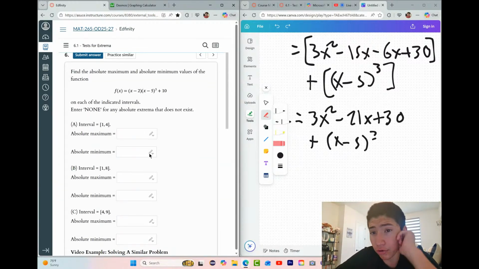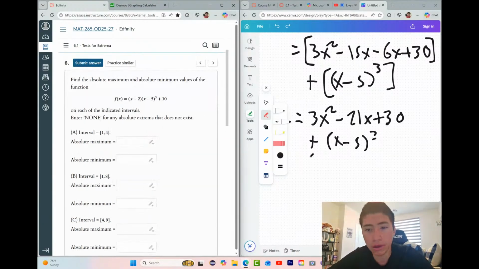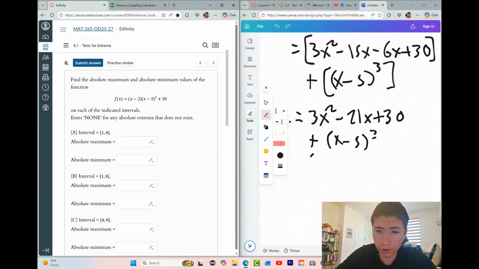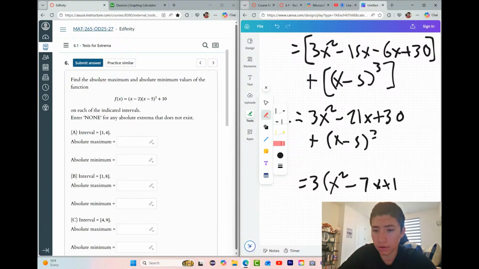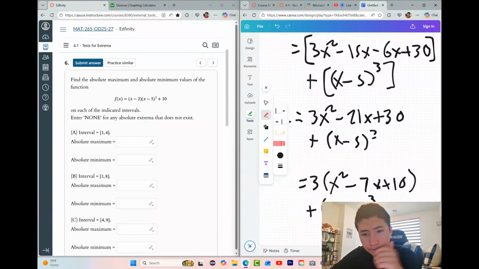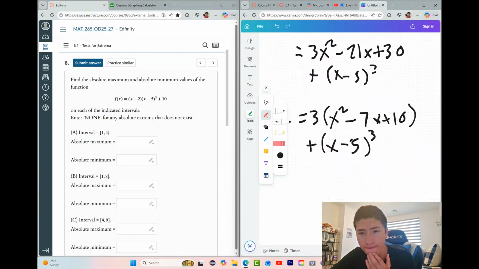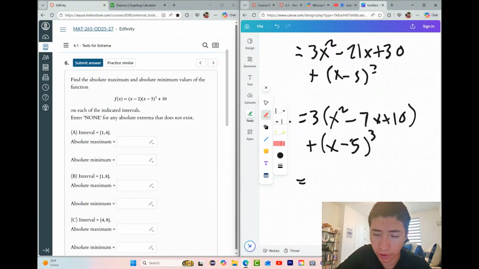Because I was going to factor again, but hold on. If I factor, okay, I think I'm going in circles, but I'll get this, this, this, plus. So I think I'll get that. So what happens if I do? Let's see.